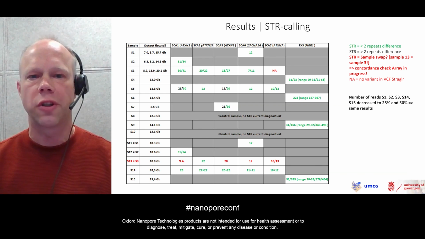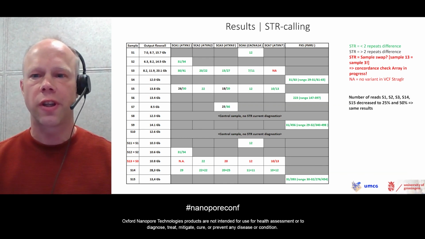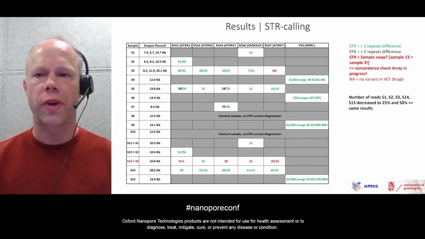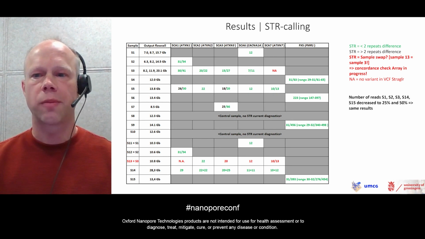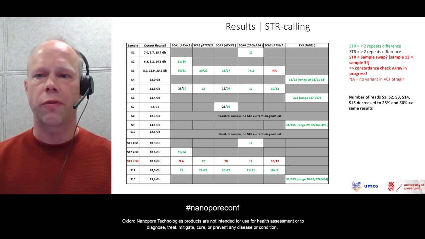Then a look at the results of this pilot study. In most of the situations we see that the measured repeat expansion is within 2 repeats of the current methods. A couple of times you see it in black, the difference is between 2 and 4 repeats.